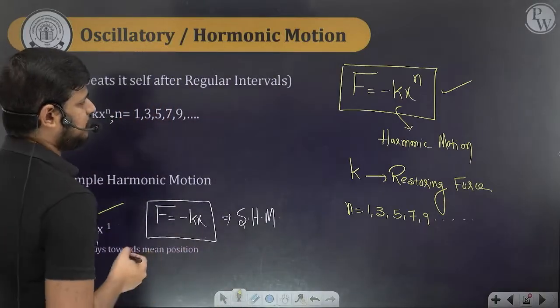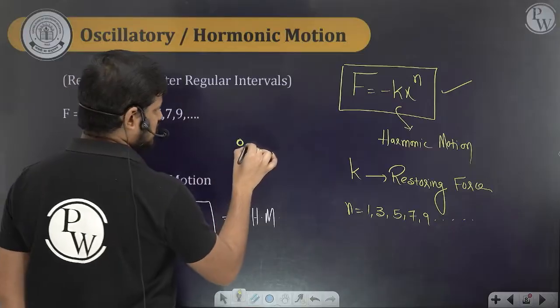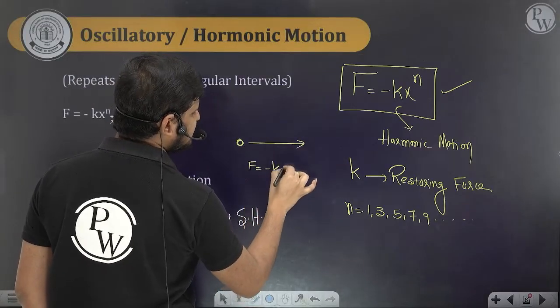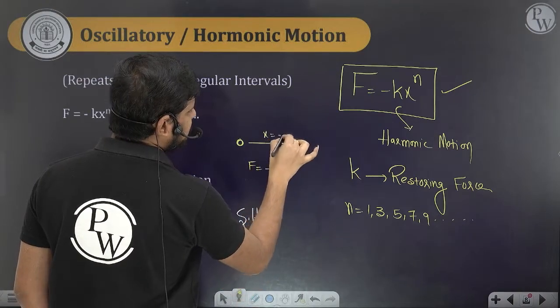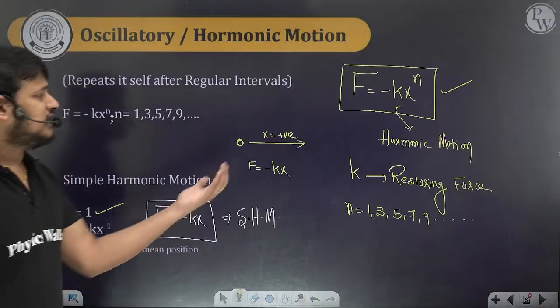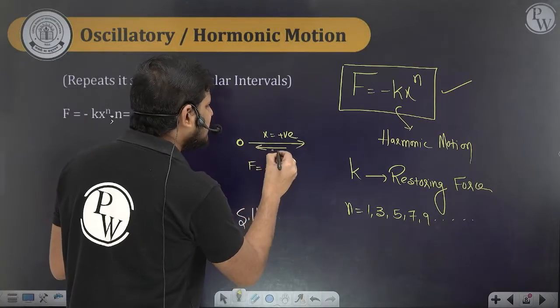Let me tell you. Let's suppose the body has started from the mean position. Then F equals minus kx, right? On the right side, x is positive. If the particle is moving towards the right, then the restoring force will act to the left. Yes or no?